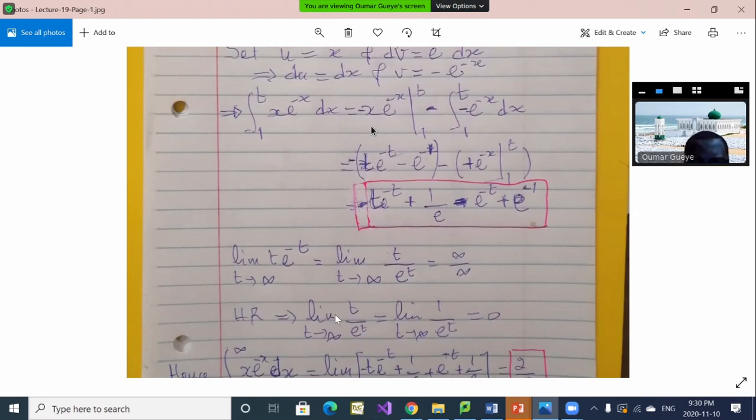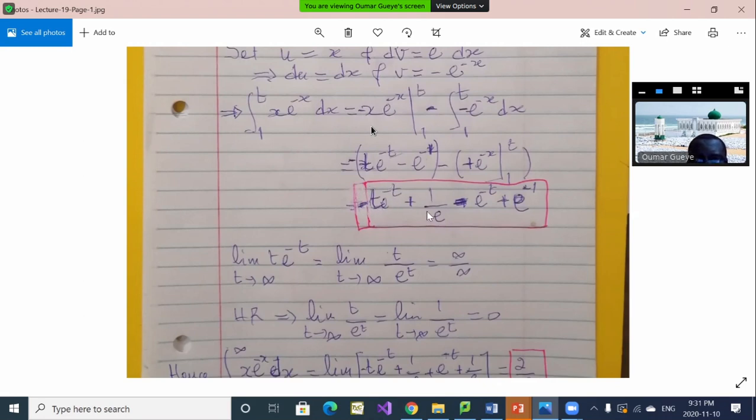When I apply L'Hopital's rule, you differentiate the top and the bottom, and you get just 1 over e to the t. When t is going to infinity, the denominator is going to infinity, and 1 over infinity is going to be 0. So the first term here is going to 0.